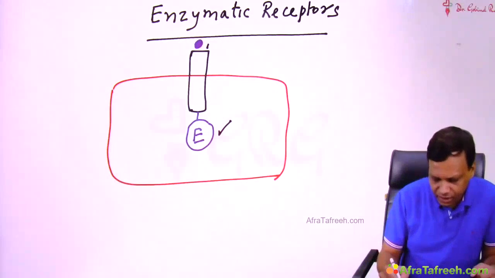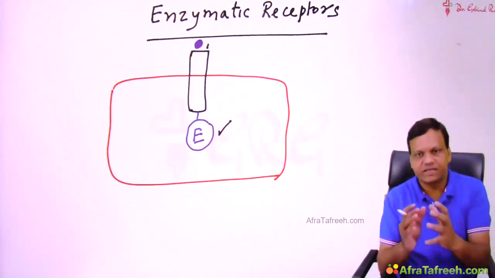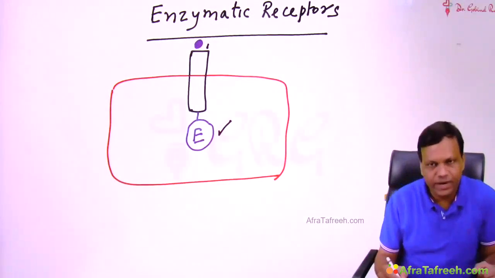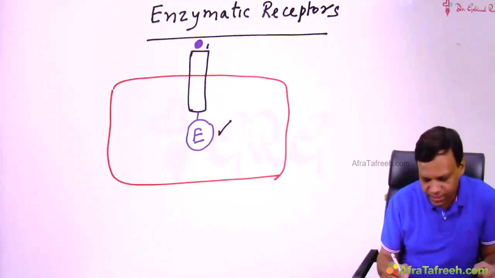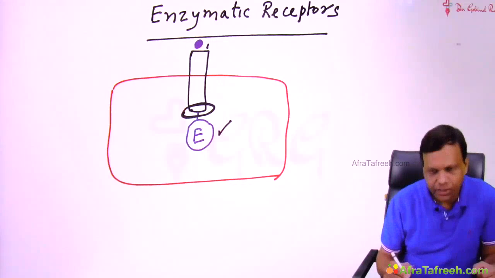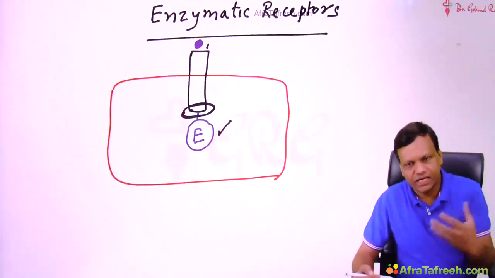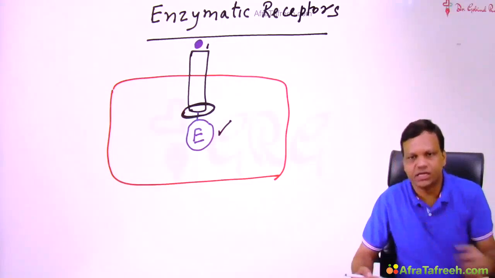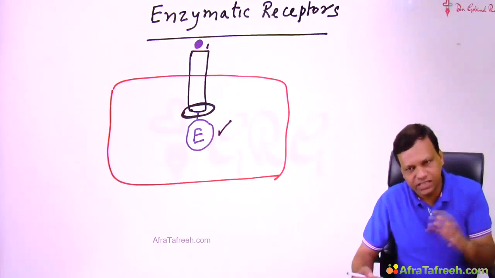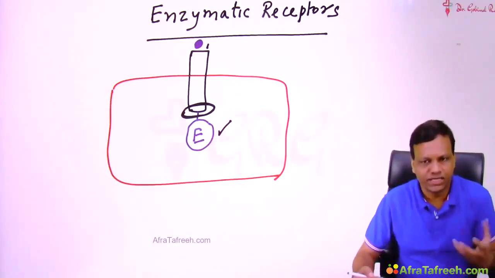Rather, they will recruit some enzyme from within the cell. So the drug binds outside, it will phosphorylate some of the proteins present on the receptor here, and that will recruit some tyrosine kinase from the cytoplasm, and that will activate the tyrosine kinase. Then the reaction occurs. Means the receptor itself does not possess the tyrosine kinase activity.